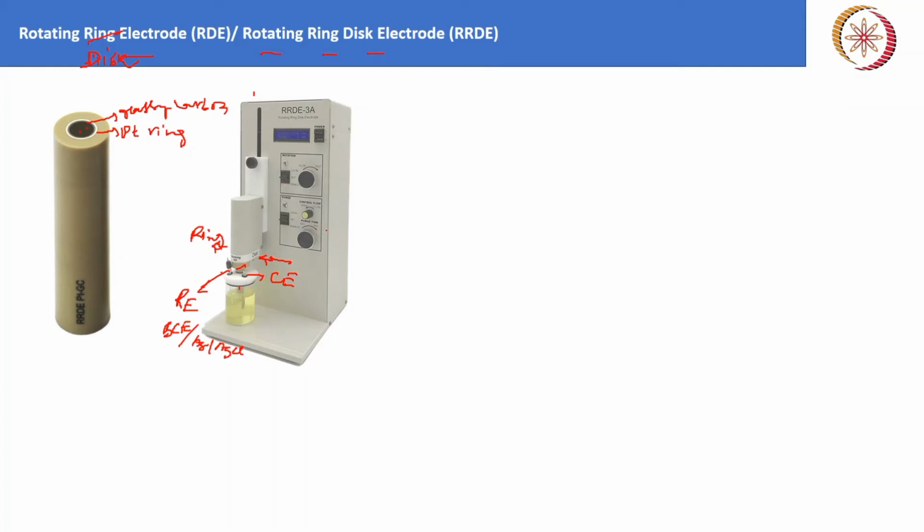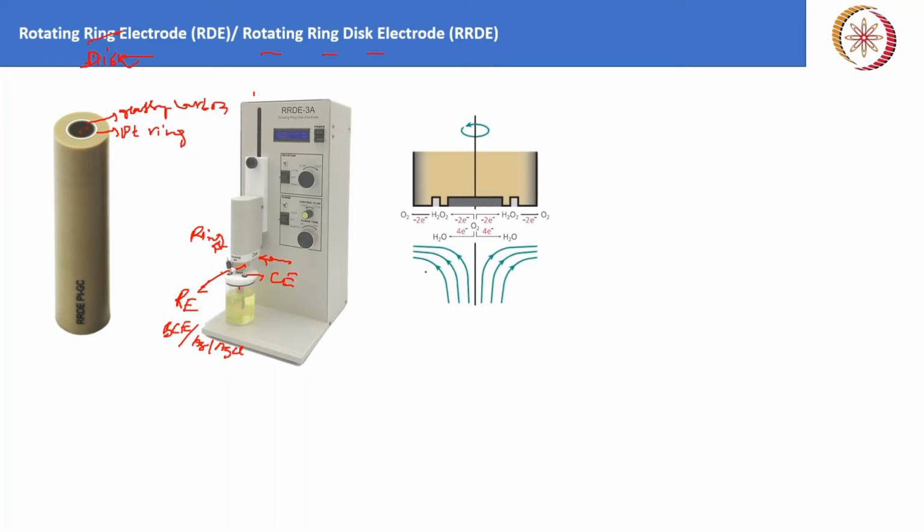If you do some oxygen reduction reaction or oxygen evolution reaction, basically ORR and OER, in this type of LSV you can see this type of reaction going on. Basically this RRDE electrode is a hydrodynamic process. You are rotating your electrode, and as a result, whatever electroactive species is there comes from the bulk solution to the electrode surface.